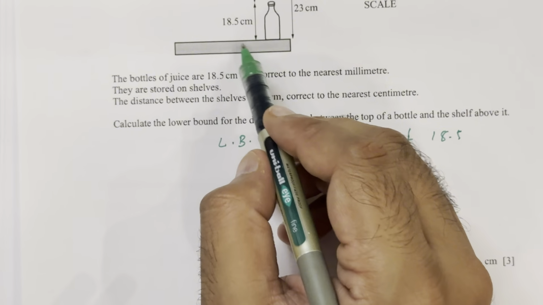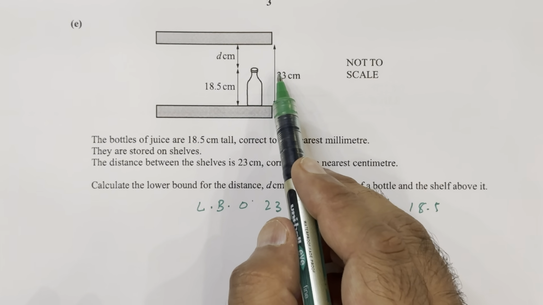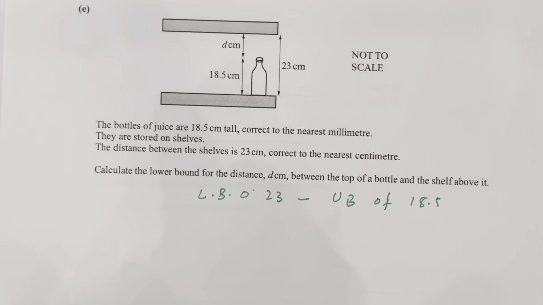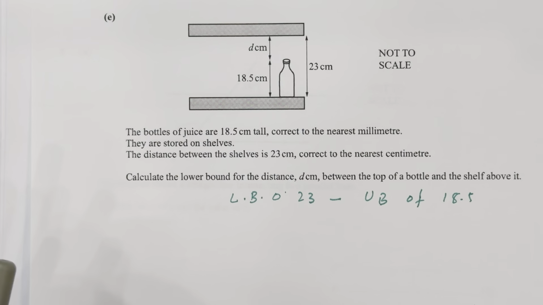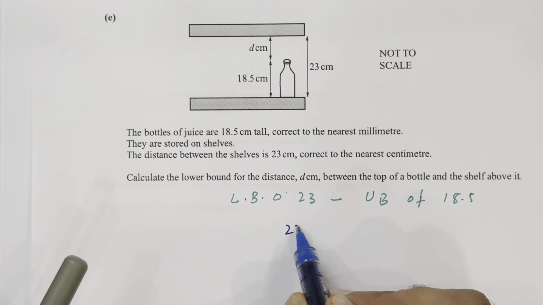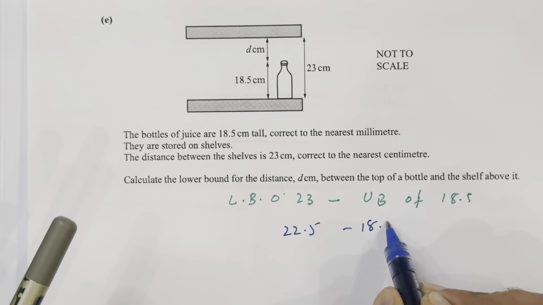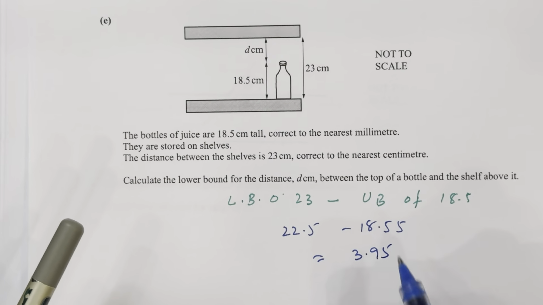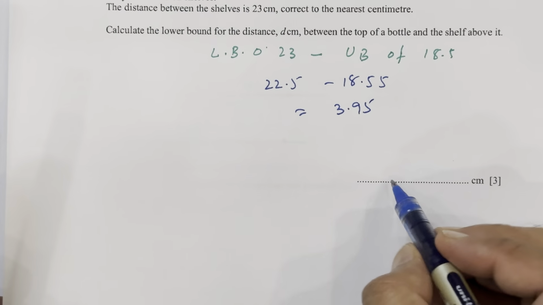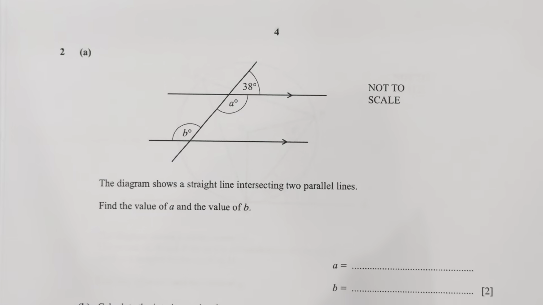So you need to take the lower bound for one value and the upper bound for the other, so you can get the lowest value for d. The lower bound of 23 would be 22.5 and the upper bound of 18.5 will be 18.55. After subtracting it, you get the value that is equal to 3.95. So your answer would be 3.95 centimeters.